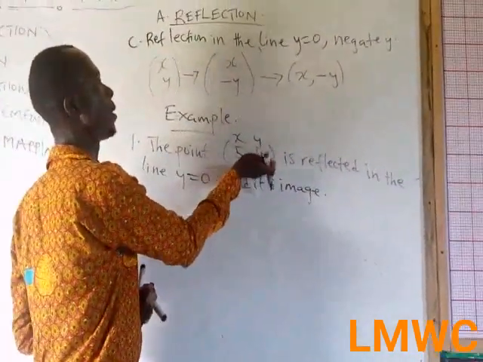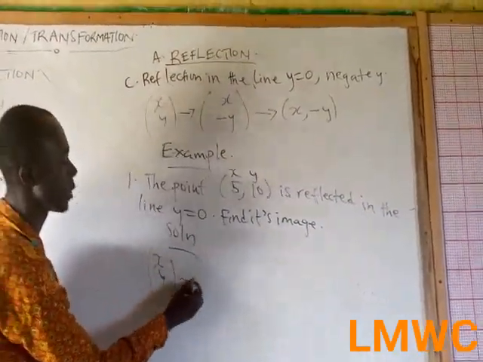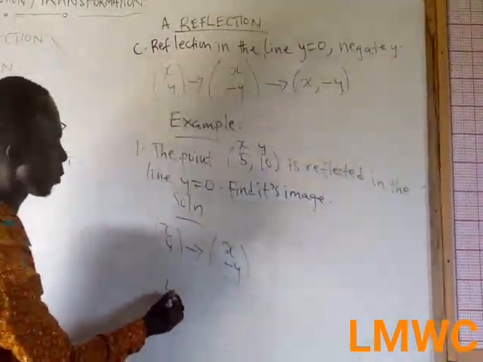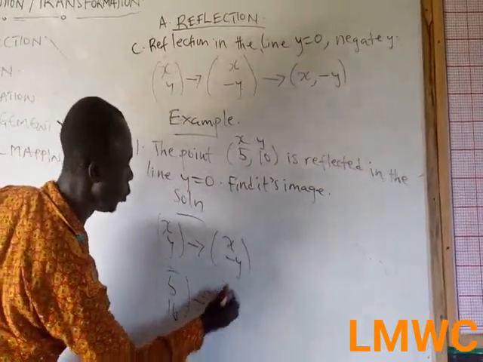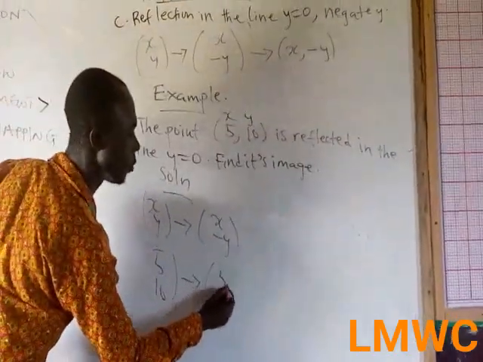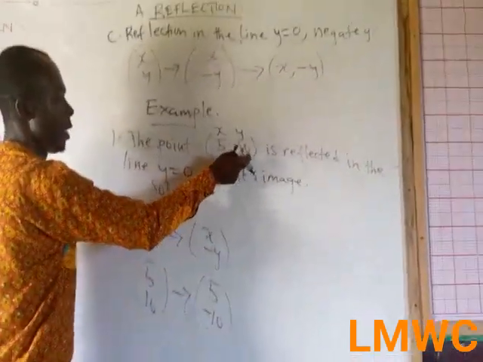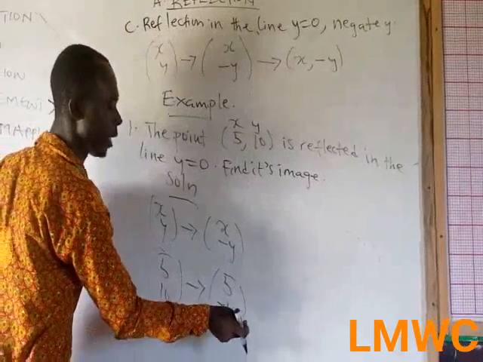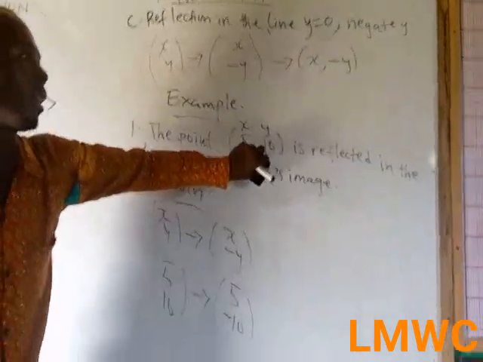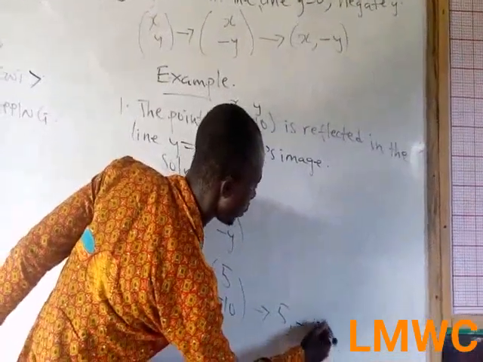Once you are through with this, you move on to your formula. Now you know y is equal to 0, you negate y. You are given (5, 10), so x is 5 and y is 10. Once we negate y, it becomes (5, -10). But if it was supposed to be negative 10, and two negative signs meet, it becomes positive. But here the 10 is positive, so you just negate your y. So you have (5, -10).